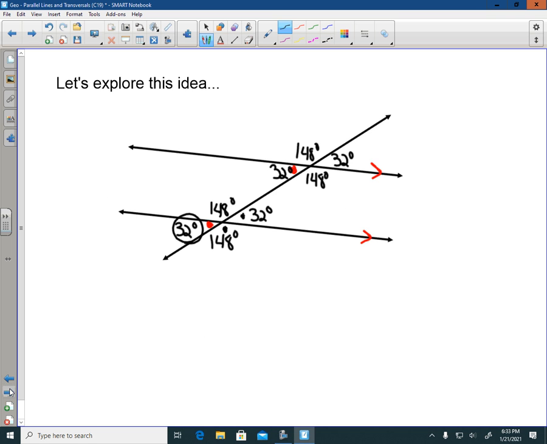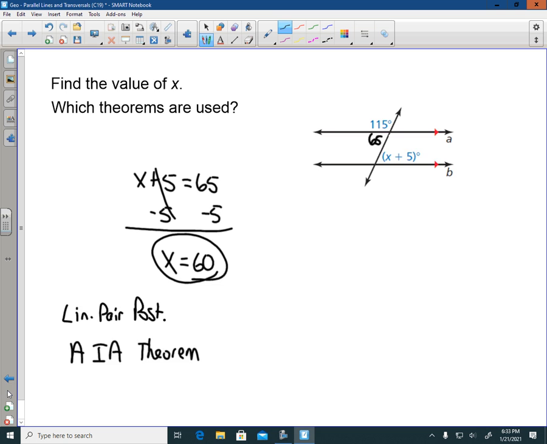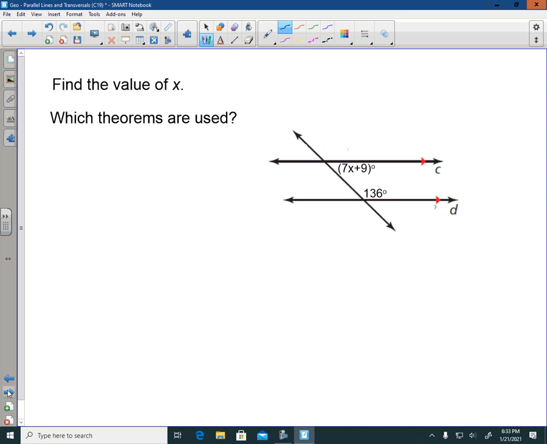What does that mean? It means they sum to 180, correct? So those two angles must add to 180. In other words, if you take 7x plus 9 and you add it to 136, you must get 180. And that's how you create the equation that you're going to use to solve.